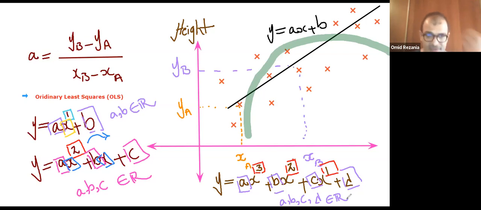Then you say that this is going to be, for example, my representation of these points if it is a polynomial of degree number 3. It is degree 3 because, as you will see, this is your variable x, and the highest power is power number 3.